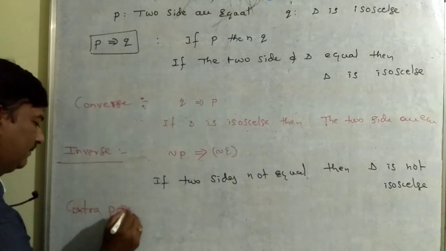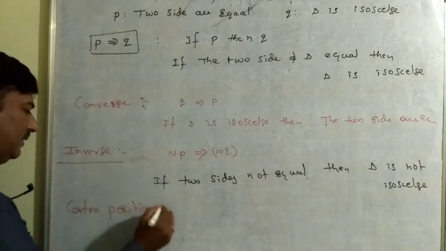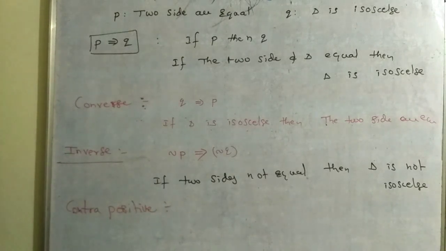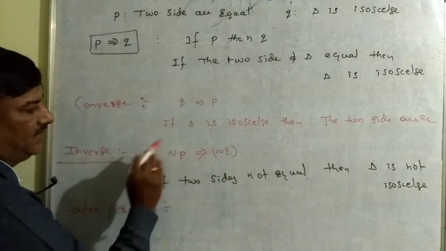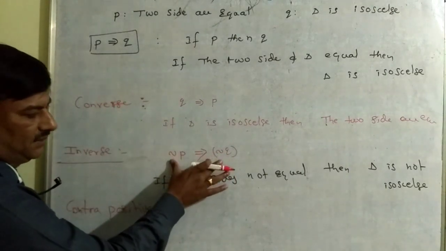Contrapositive. So see here, contrapositive is just the reverse of the inverse, meaning apply the converse to the inverse.